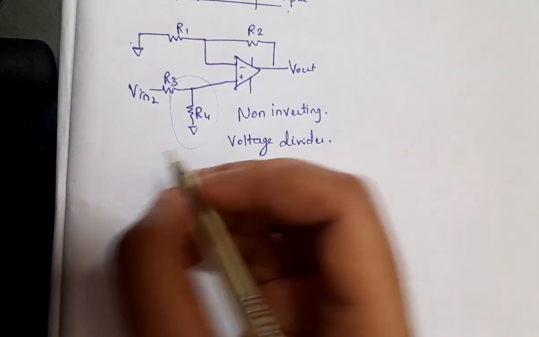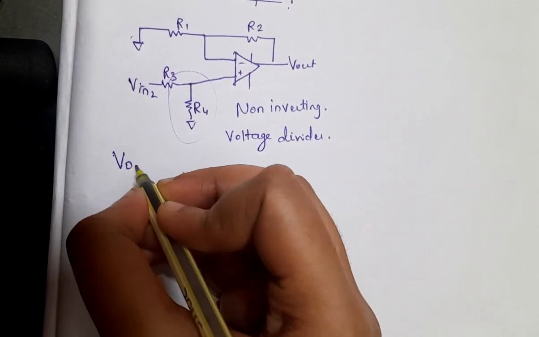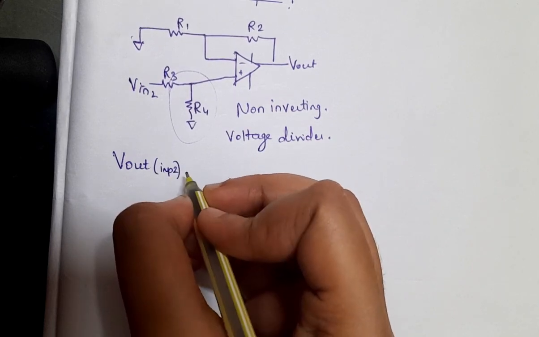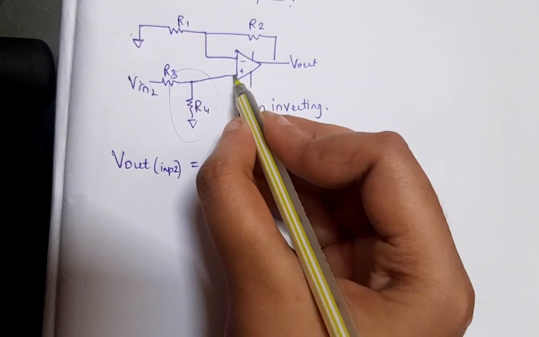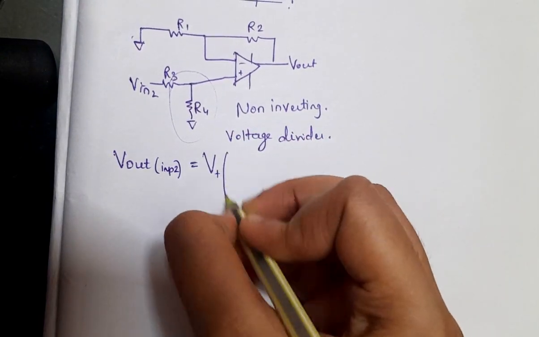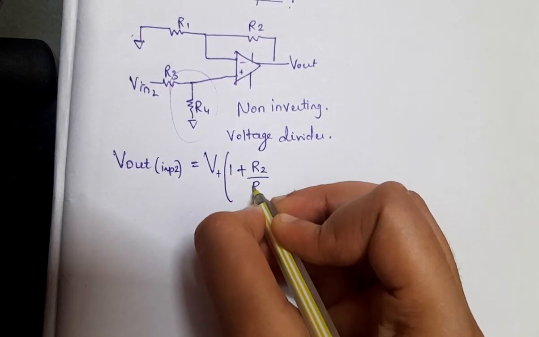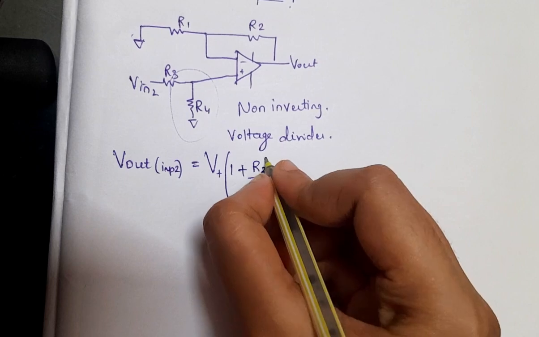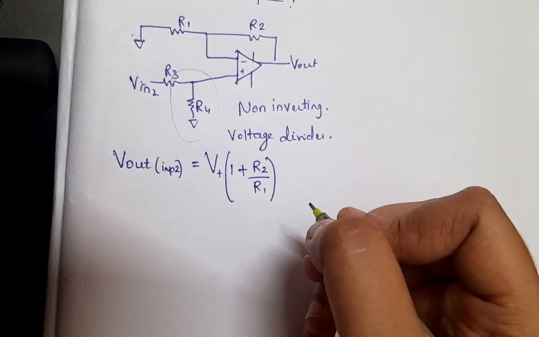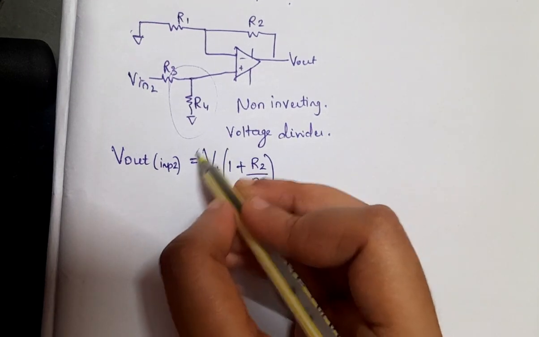The output equation for the non-inverting operational amplifier is Vout when input 2 is given is this V plus into 1 plus R2 divided by R1.